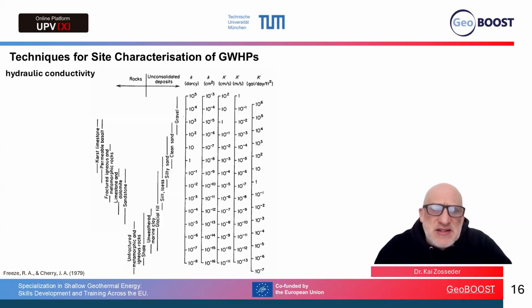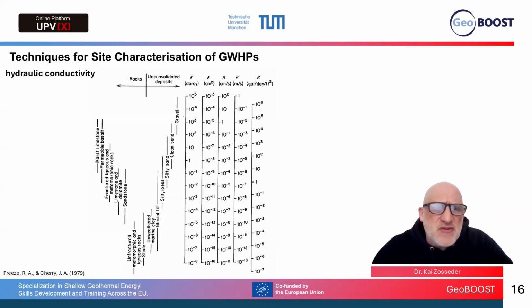If the grain size goes down, normally also the hydraulic conductivity goes down. So with clay sediments or silty sediments, you have in general lower hydraulic conductivity. But of course, a mixture can also cause lower hydraulic conductivity. Hydraulic conductivity is measured in meters per second in general. Of course, you can also use Darcy as a unit.